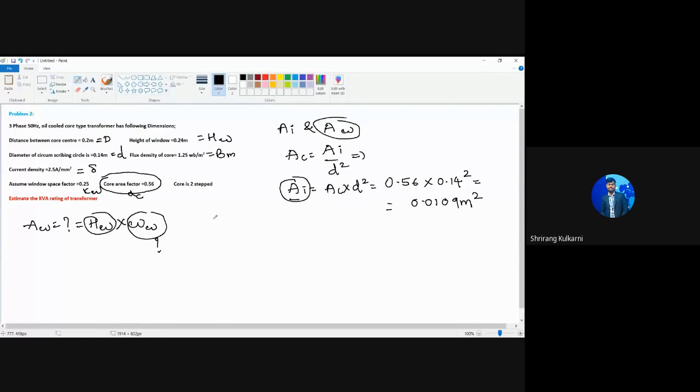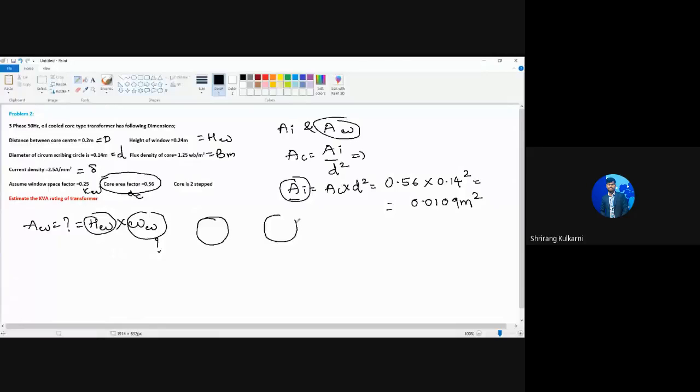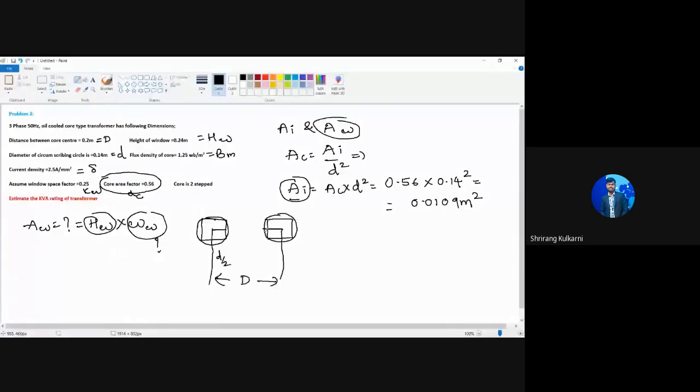Here, it is the diameter of the circumscribing circle. Distance capital D is given. Then it is small d by 2.